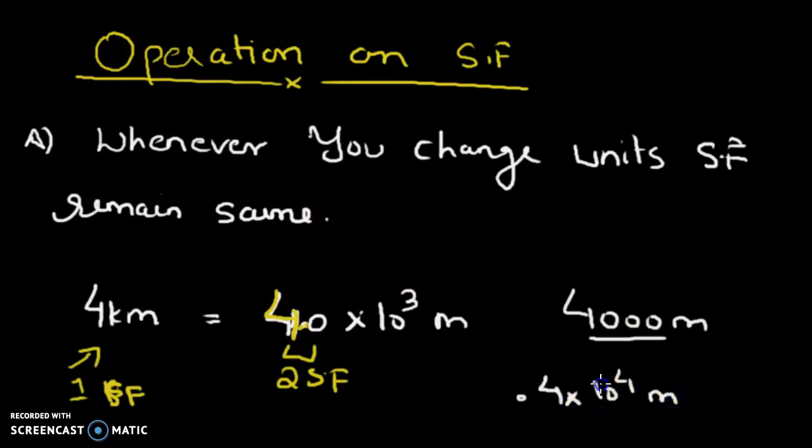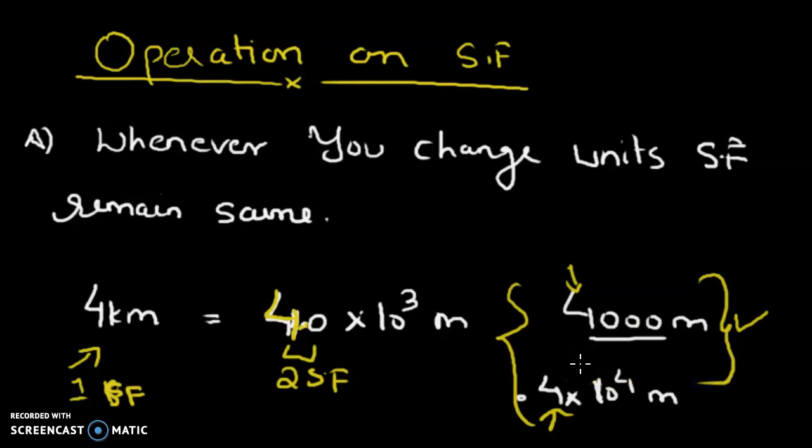Can you convert it into these two? Yes, you can. Here, what is the number of significant figures? It's only 1, and here it is also 1. So yes, you can write it like this only.